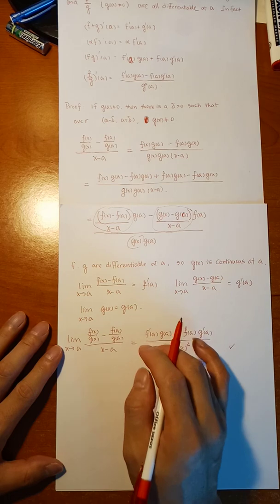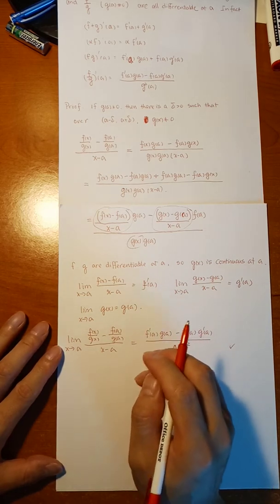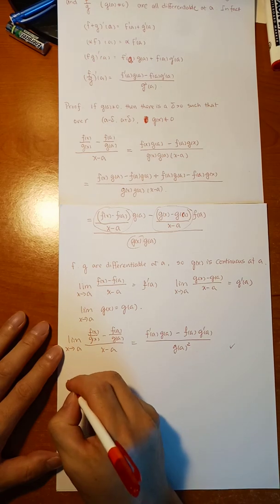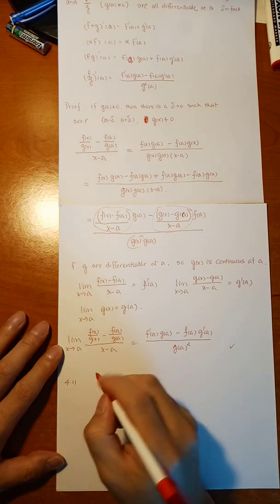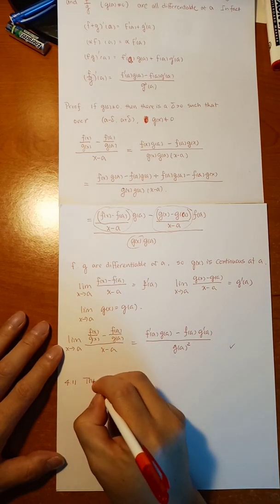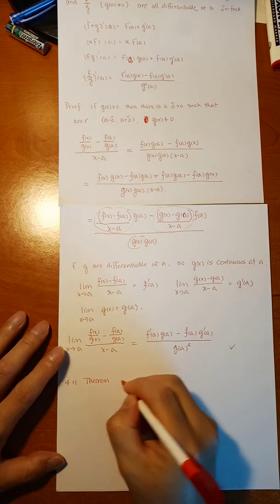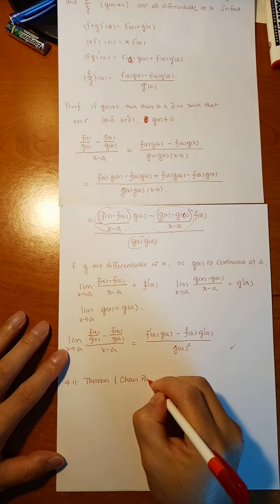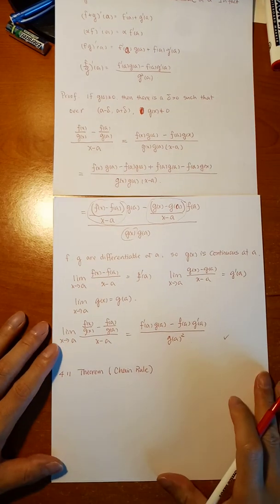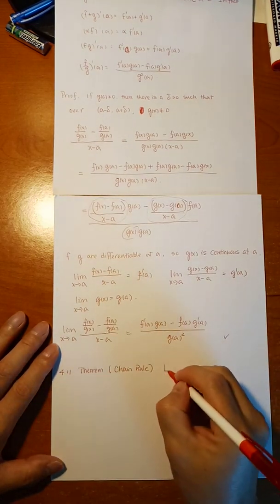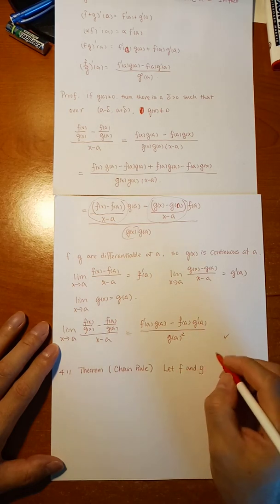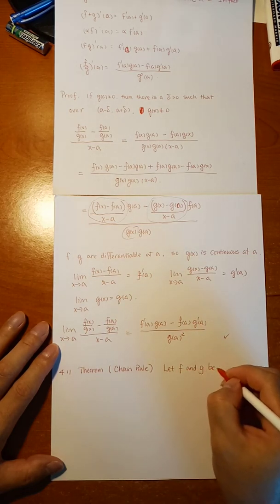And next, we're going to study the derivative of a composition of two functions, which is the chain rule. Chain rule: let f and g be real functions.